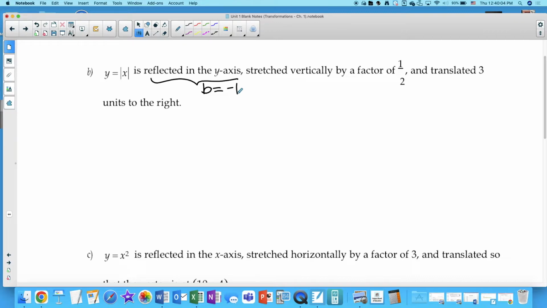Stretched vertically by a factor of 1/2, what does that tell us? Yep, it's being compressed a little bit, it's going to be shorter. What parameter does that tell us about? a, right? And the value of a is 1/2. Okay, translated 3 units to the right. k equals 3. h, yeah.